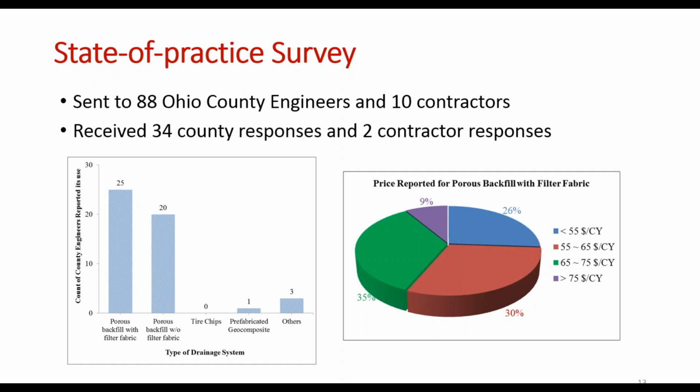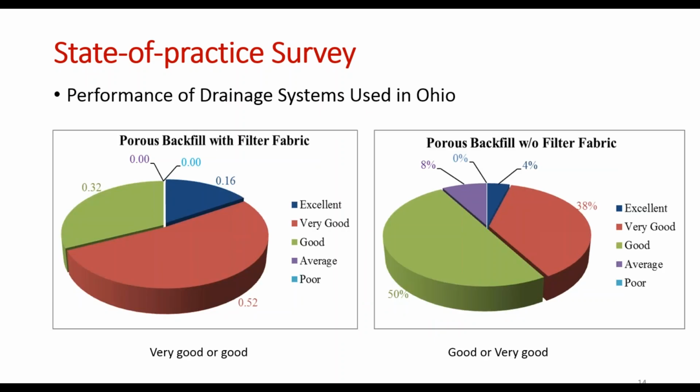And there are also some other non-traditional methods, including, for example, the low-weight mortar. So that's a summary about the current usage. And on the right-hand side is a preliminary cost summary. For the porous backfill with the fabric, the average unit cost is between $50 to $80 per cubic yard. And I'll show you what it will cost for the second system a little bit later.